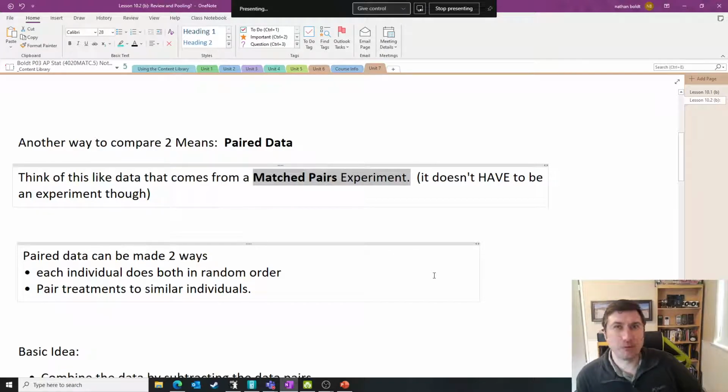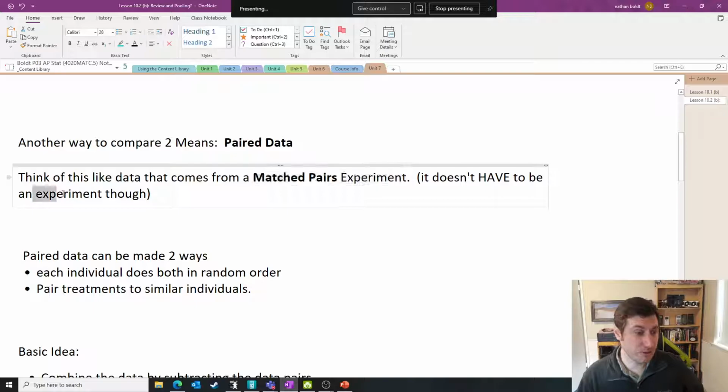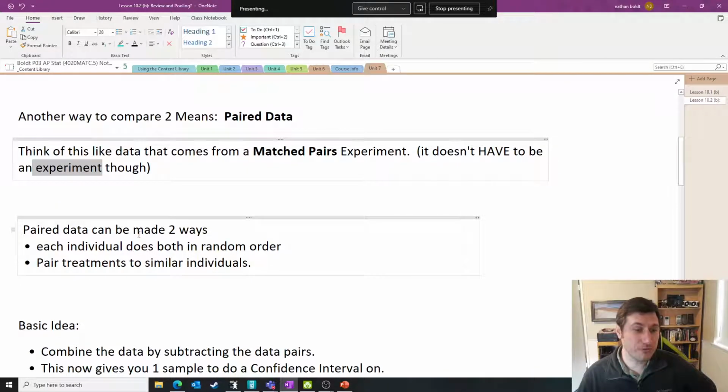If you remember, we'll talk more about that in a bit. If you don't exactly remember what matched pairs was, it doesn't have to be an experiment. It could be an observational study, but your observational study would still have pairs of individuals that you could pair together. So a matched pairs experiment or paired data can be done in two different ways.